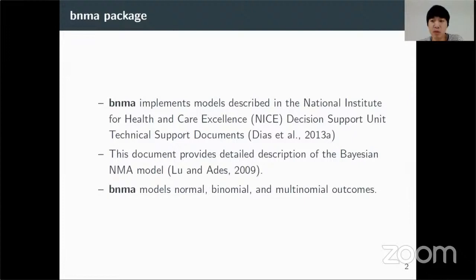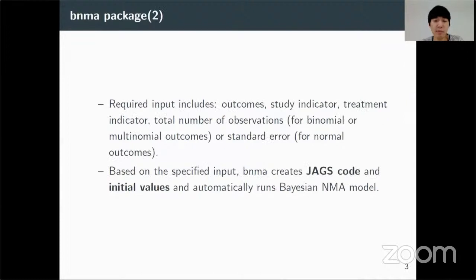BNMA implements models described in this document. This document provides a detailed description of the Bayesian NMA model. BNMA can model normal, binomial, and multinomial outcomes. Required input includes outcome, study indicator, treatment indicator, and total number of observations or standard error.